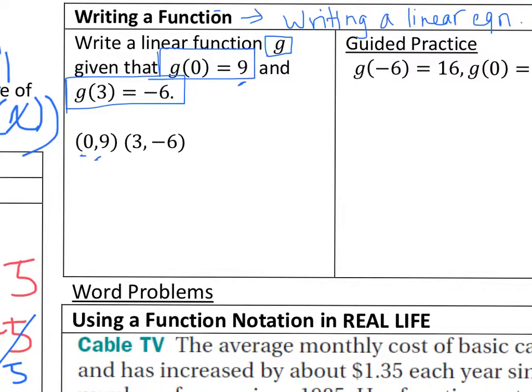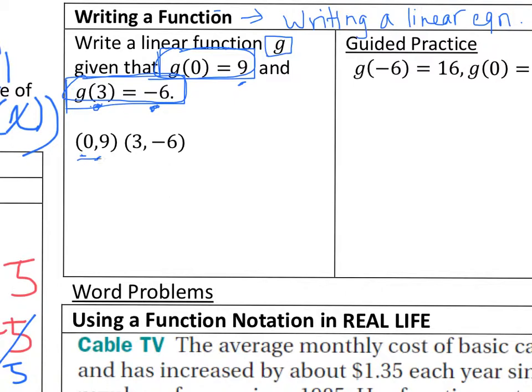Basically, these two functions are just a formal way of representing coordinate points. And for the second point, the x-coordinate would be 3. And the y-coordinate would be negative 6.